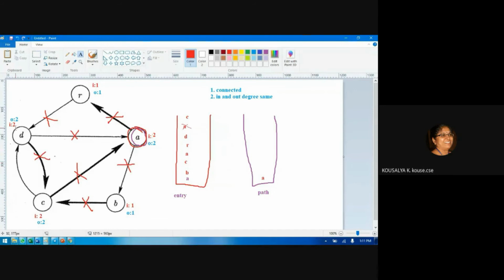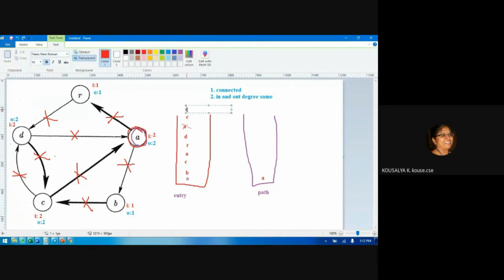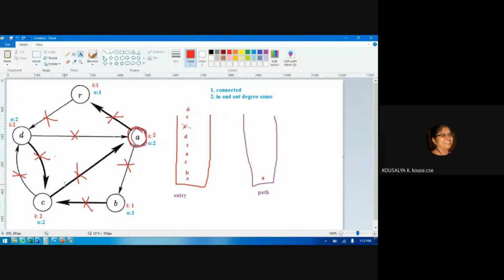From C to D is available, so I consider this one and add D to the stack. Here I know that all are visited, so I simply stop and pop all the values from the stack and add them to the path.